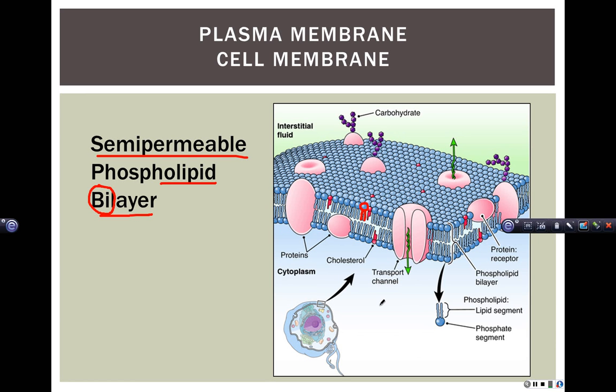Having these two different chemical sides, there's a charged or polar side, which is the phosphate side, which is then water-loving because it's charged, and then the water-hating or hydrophobic side that is non-charged, the lipid side.